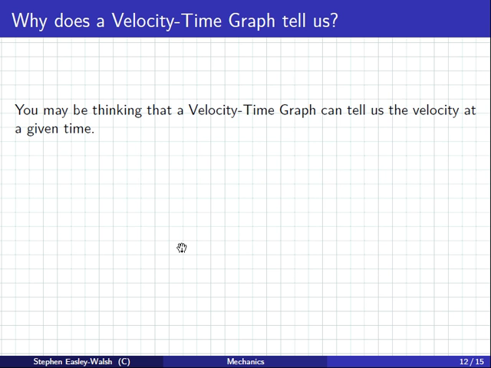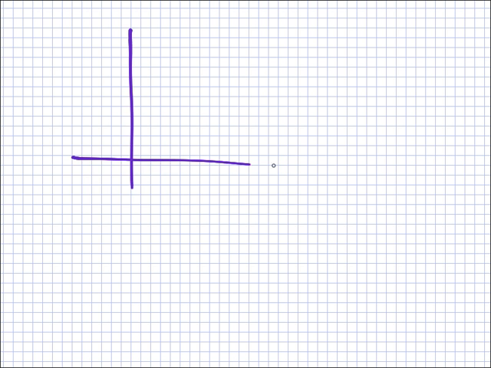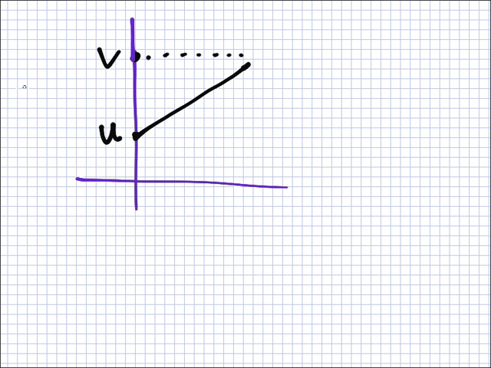Right, you might be thinking that a velocity-time graph can tell us the velocity. And that's right. However, it can tell us much more. Let's see. If you look at the velocity-time graph, for example, here it is. This here represents u. Sorry, let me have it start here. This here represents u. And what does this here represent? V, good. What does this here represent?